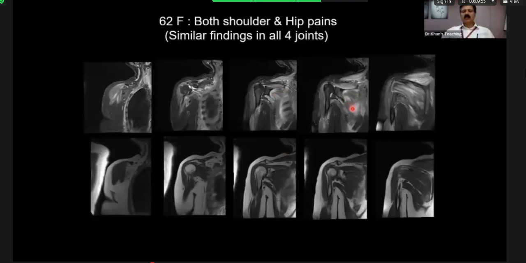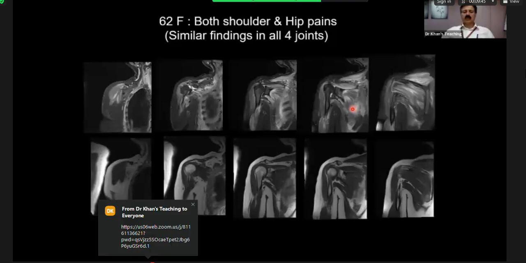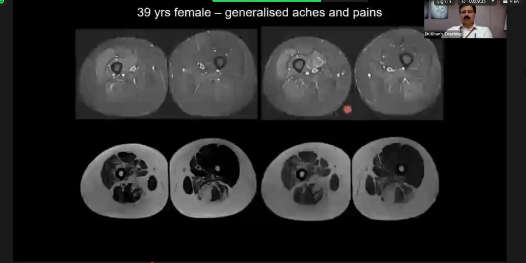And once you pick up edema, you have to tell the rheumatologist, just go with MR and clinical findings and might not do a biopsy. So CK, etc., will be increased. So this is myositis protocol. So remember, myositis protocol is like spondyloarthropathy protocol.